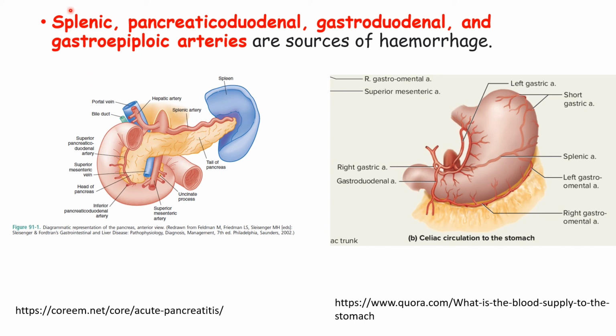These include the splenic artery, which can be seen right here, the pancreaticoduodenal arteries, the superior and inferior pancreaticoduodenal arteries, the gastroduodenal artery, which can be seen here, and the gastroepiploic arteries, the right gastroepiploic artery, and here you can see the left gastroepiploic artery. These can all be affected and even cause hemorrhage if someone has acute pancreatitis.